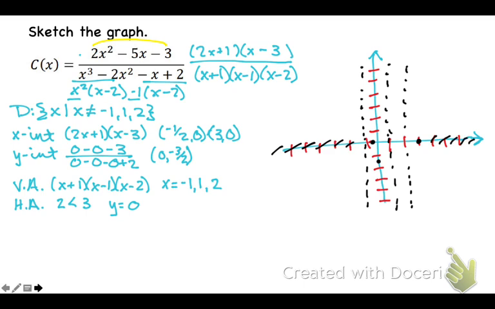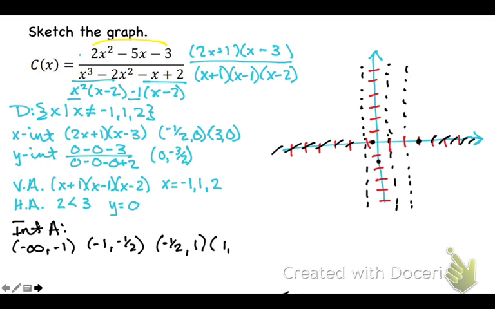So my interval analysis is going to be negative infinity to negative 1, negative 1 to negative 1/2, negative 1/2 to 1, and 1 to 2, and 2 to 3, and 3 to positive infinity.